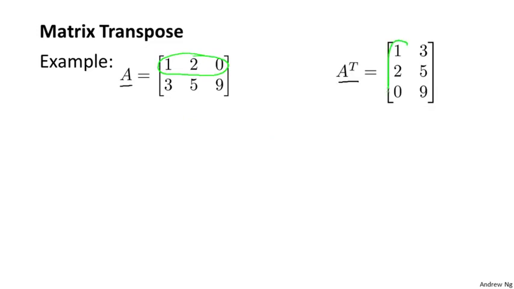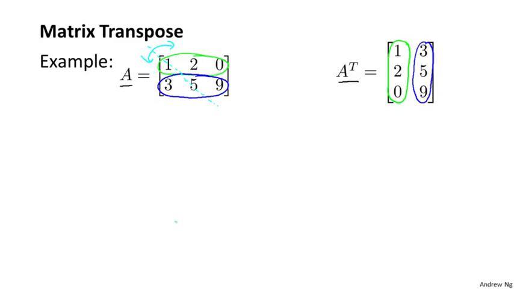That becomes the first column of the transpose. And then I'm going to take the second row of A, 3, 5, 9, and that becomes the second column of the matrix A transpose. Another way of thinking about how to compute the transpose is as if you're taking a 45-degree axis and mirroring or flipping the matrix along that axis.